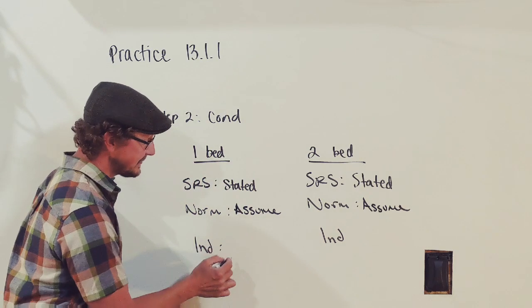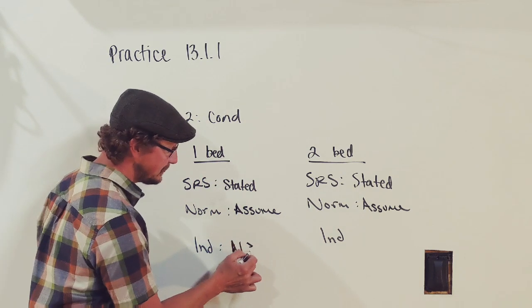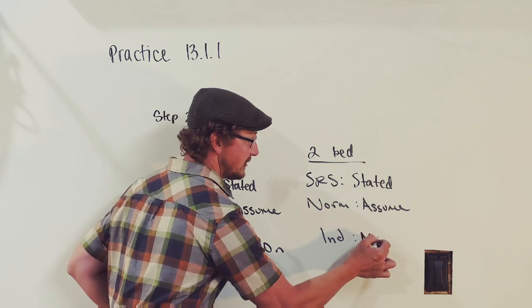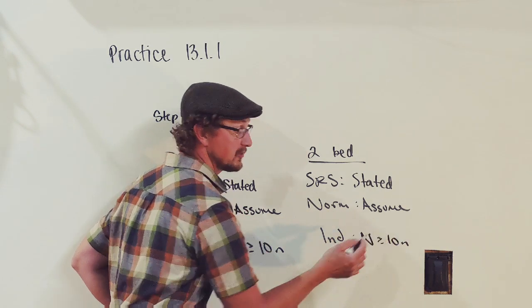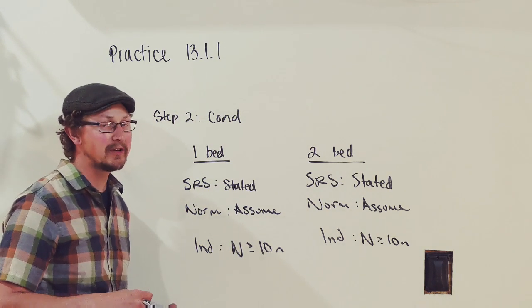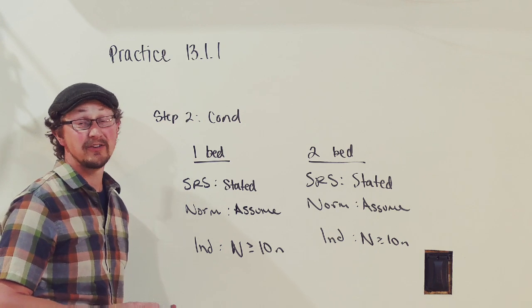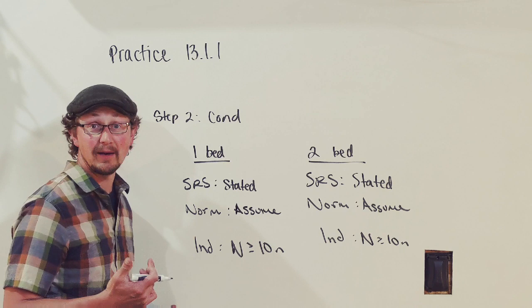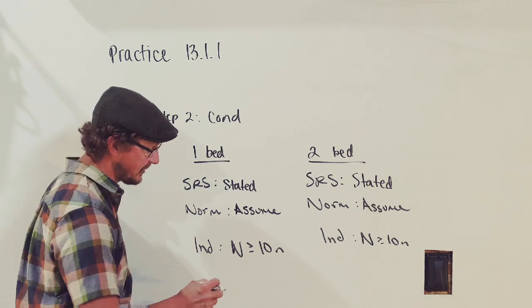For independence, our population has to be 10 times bigger than our sample. Population 10 times bigger than our sample. And I think it's safe to say that there's more than 100 2-bedroom apartments and there's more than 100 1-bedroom apartments around a college campus. That makes sense to me.